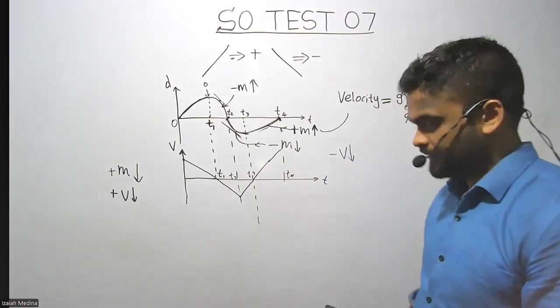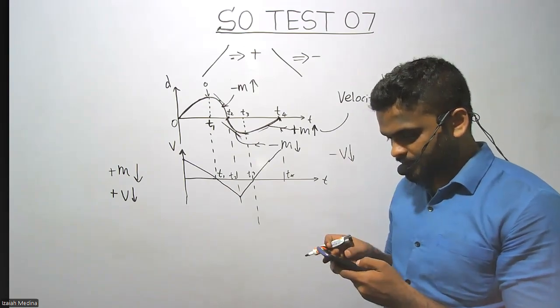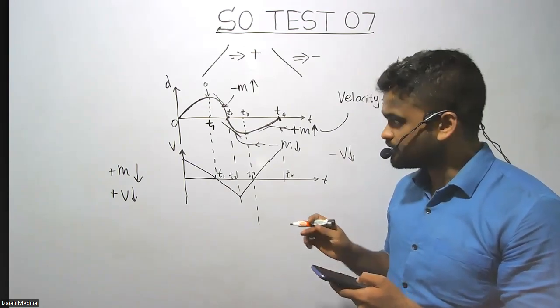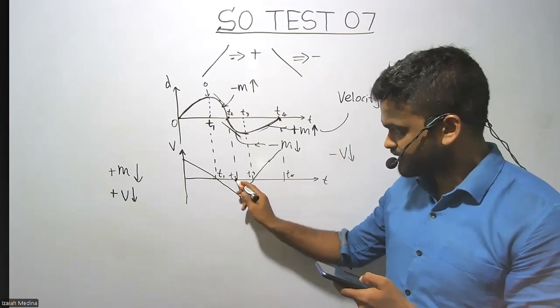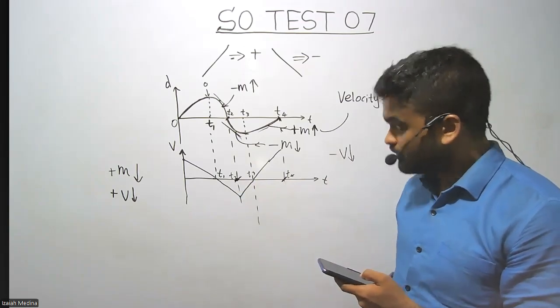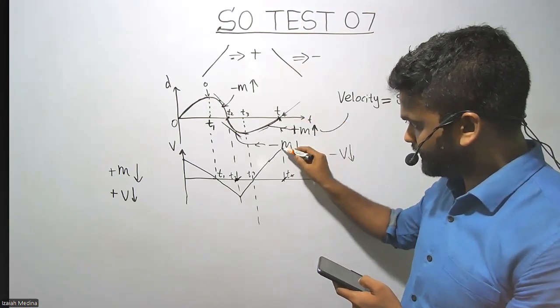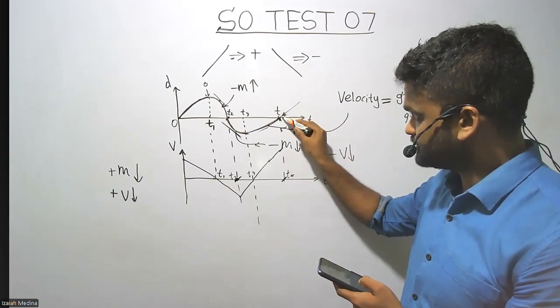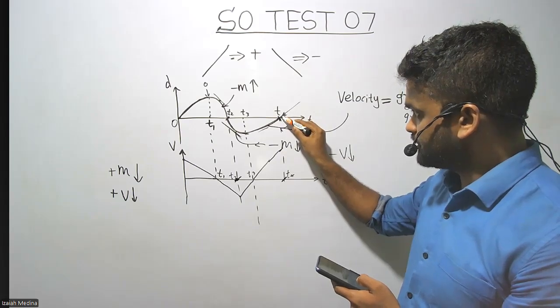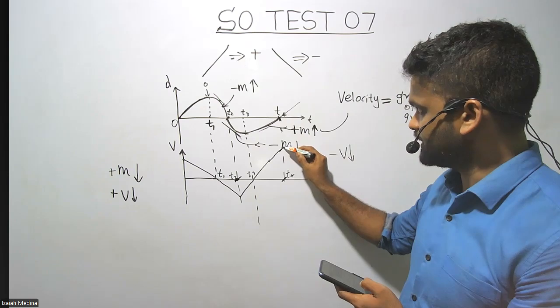Right. So in the first option they say at T2 and T4 the direction of velocity changes. T2 is here, T4 is here. Here the gradient does not change, so it just keeps going like this.